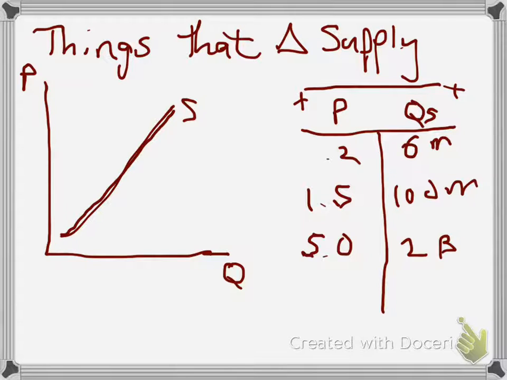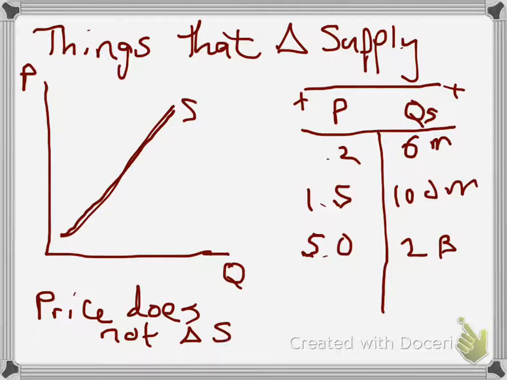And do you remember demand, of course, the only main difference was that it was an inverse relationship and it graphed in a downward slope going left to right. But the thing is that that's just the same, is that price does not change supply.